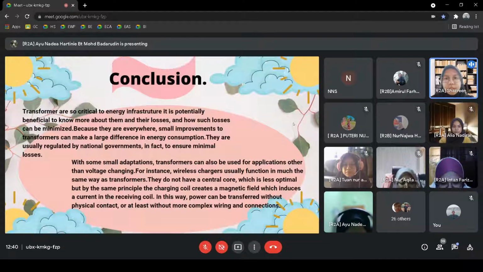With some small adaptations, transformers can also be used for applications other than voltage changing. For instance, wireless chargers usually function in much the same way as transformers. They do not have a central core, which is less optimal, but by the same principle, the charging coil creates a magnetic field, which induces a current in the receiving coil. In this way, power can be transferred without physical contact, or at least without more complex wiring and connections.